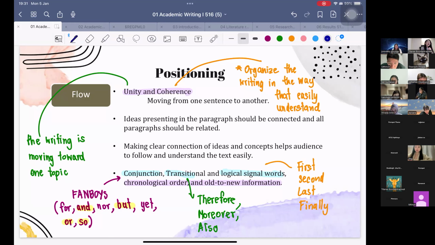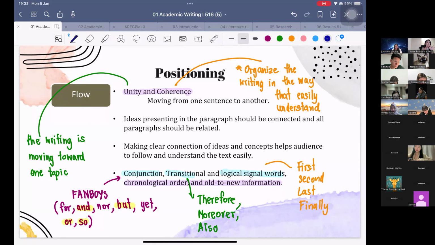To deliver a good flow, your writing should have some kind of unity and coherence. If you open a dictionary for the meaning of these two words, it's going to give you the same meaning, something combined or related together.